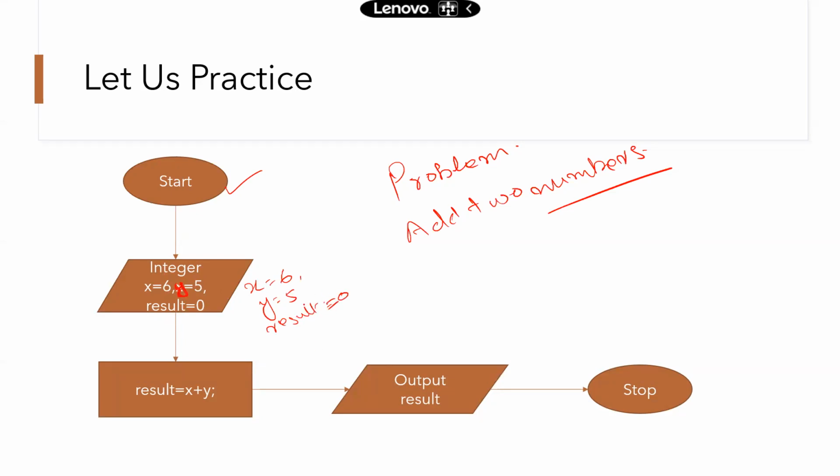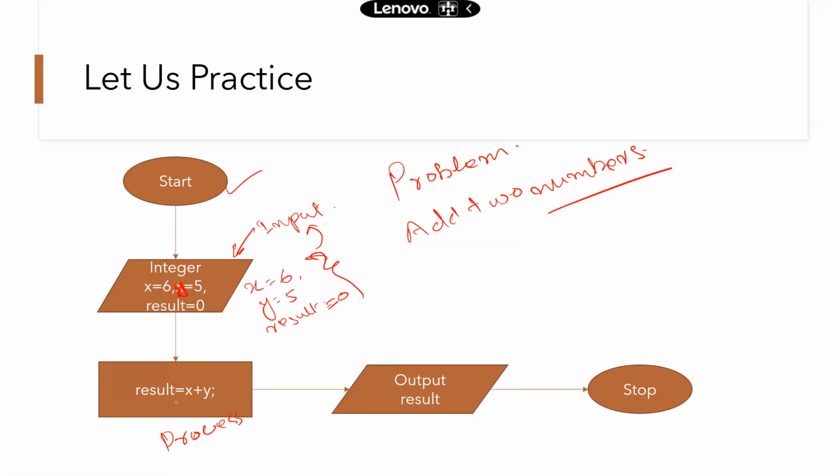Now, this is an input box. Remember this. We are having an input of these numbers. Once we have taken the input, we are going to process these inputs. We are going to add two numbers, which is x plus y.